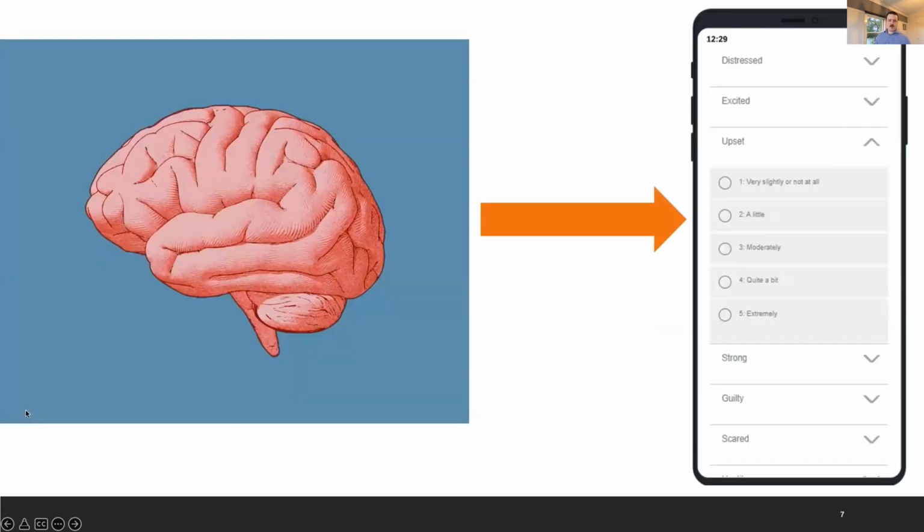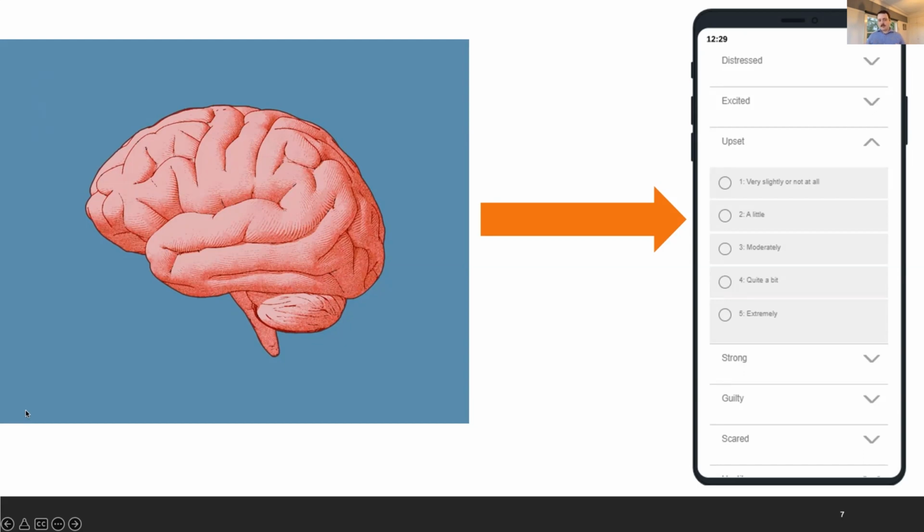The inferences we draw obviously depend heavily on which measures we use, because we have to consider how these measures actually reflect the internal hidden processes of interest. For example, here is a questionnaire asking about affective states: ratings on a scale of how distressed you are, how excited you are.